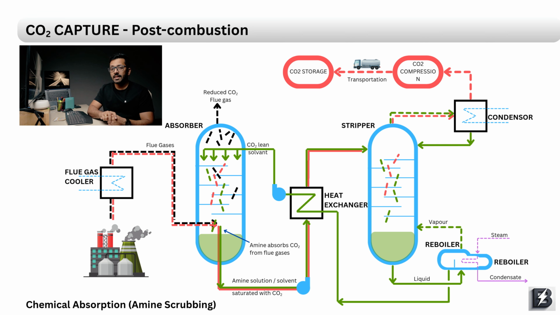The solvent is then heated in a stripper, releasing the CO2. The CO2 is captured, compressed, and stored. The solvent is reused over and over again. This method achieves high capture efficiency and can be retrofitted to existing plants. But there's a downside. Heating the solvent requires a lot of energy, creating a significant energy penalty.